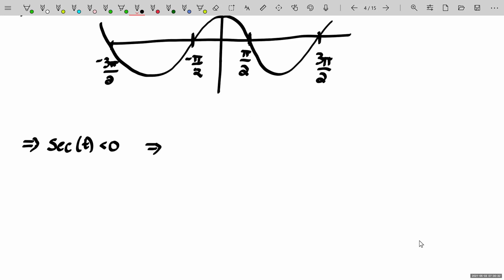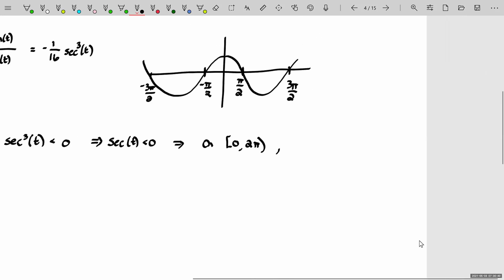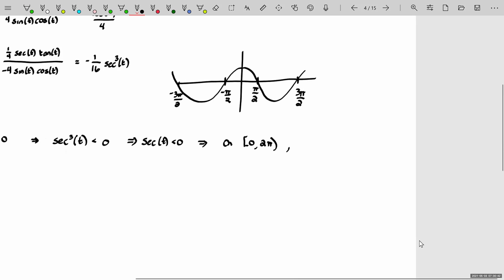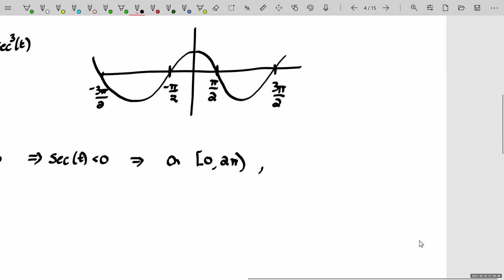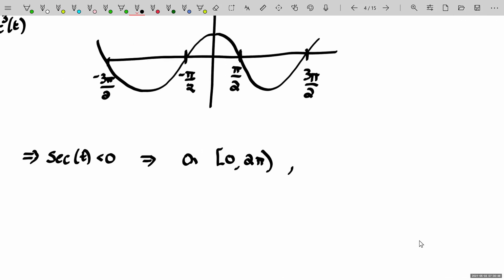So I would say it this way. If they restricted to be on the interval from 0 to 2 pi, then we know that the time values for which our curve is concave up, which is when secant of t is less than 0, occurs when t is in the interval from pi over 2 to 3 pi over 2.